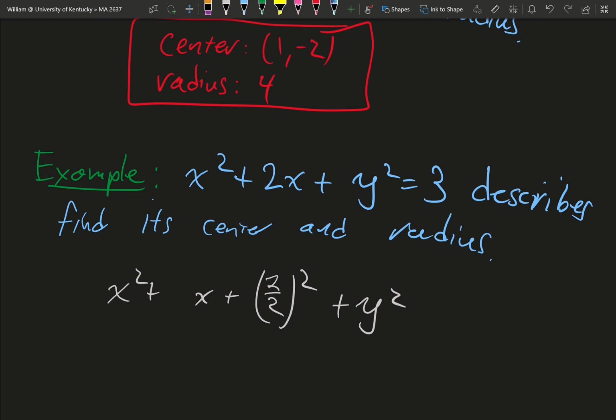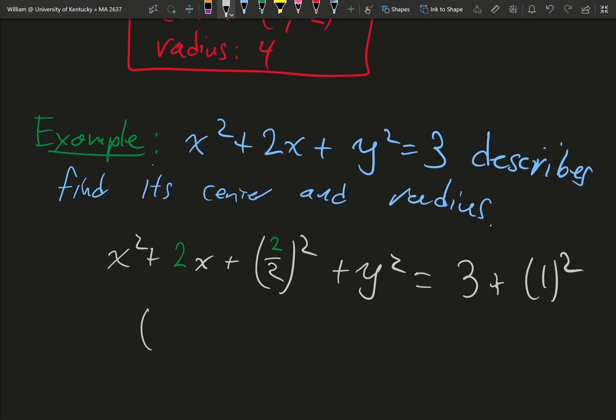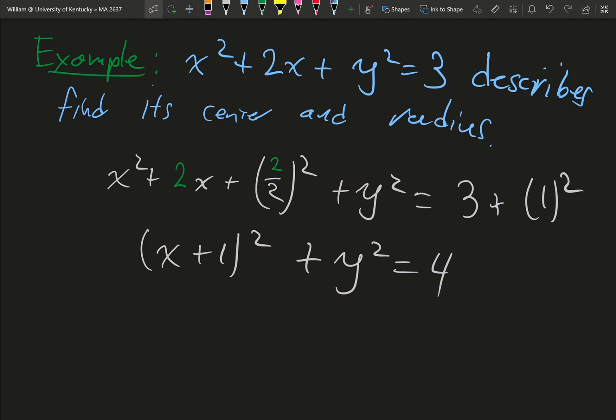And just to point out what I mean, I'm going to make these 2's the same because I want to make it clear this 2 is coming from here and that other 2 is what we're dividing by. 2 over 2 is 1, so I'll add 1 to this side as well. So I get x plus 1 squared plus y squared equals 4.